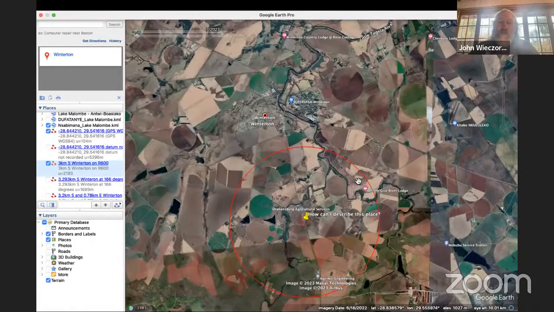But in this case, the way I've described it, by going south of Winterton on the road, I get an uncertainty that's much larger. And we've already seen the things that contribute most to that. In Paula's last part of her description for that locality, we found that the size of Winterton was what contributed the most to that uncertainty.